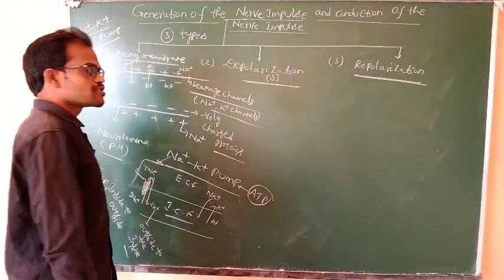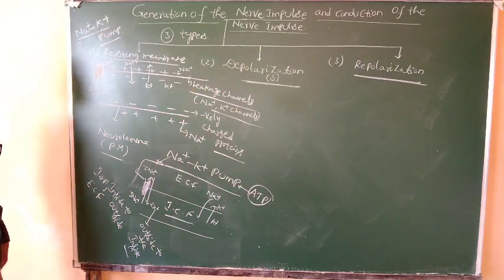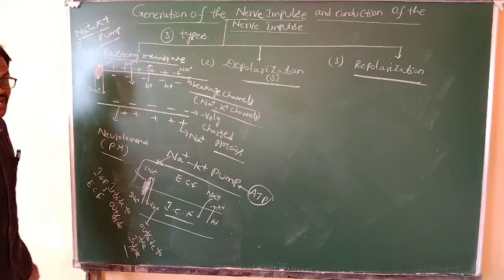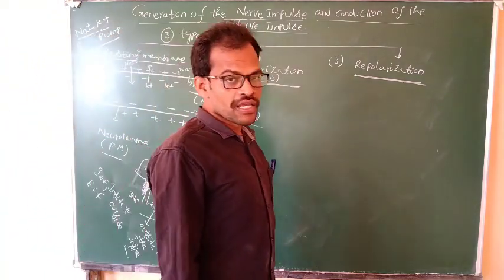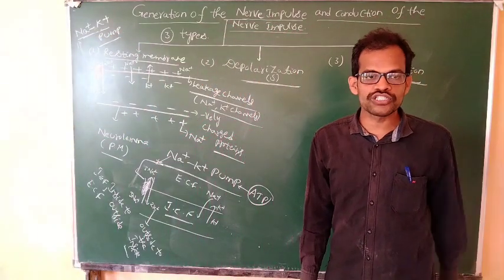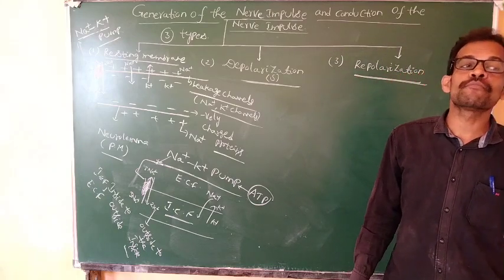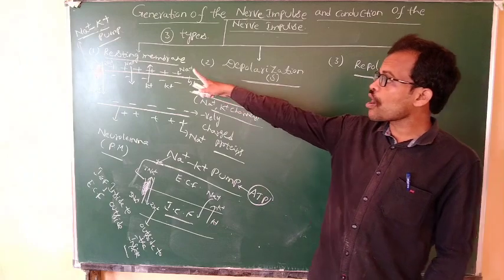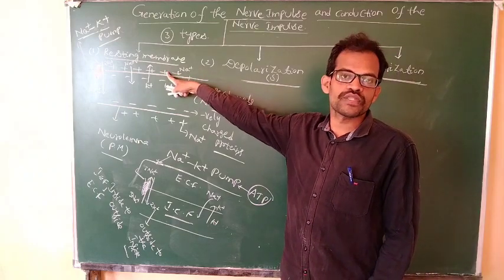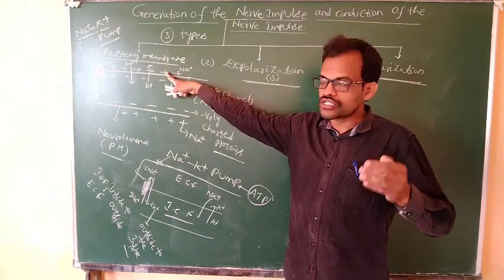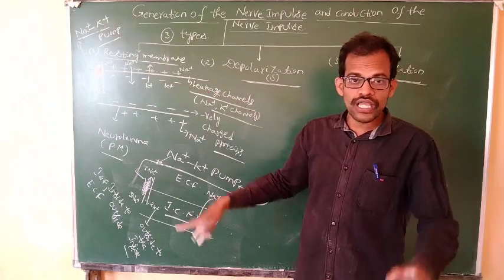This is active transport, not passive transport. Active transport means they utilize ATP molecules, with three sodium ions and two potassium ions moved by the pump to maintain the outside always positive and the inside always negative.